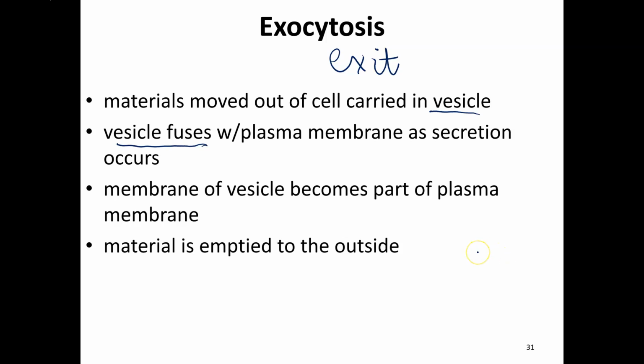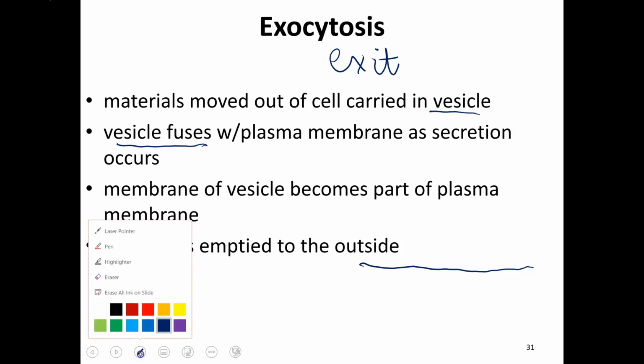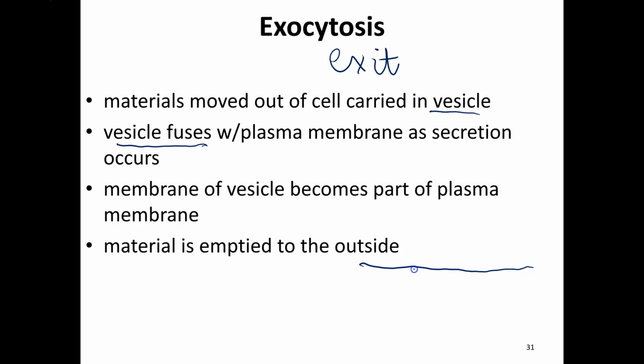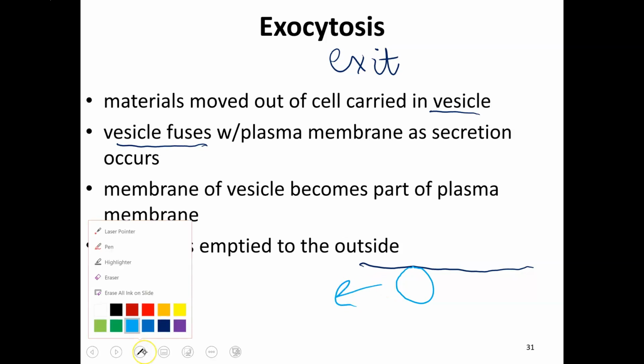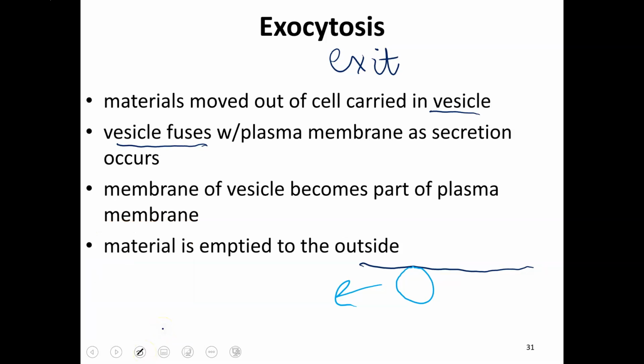So I'll show you kind of what it looks like. So you have this membrane here, and you have a vesicle. I'm just going to change the color a little, like this, that binds to that membrane. And what happens is you're going to end up having the membrane open up.